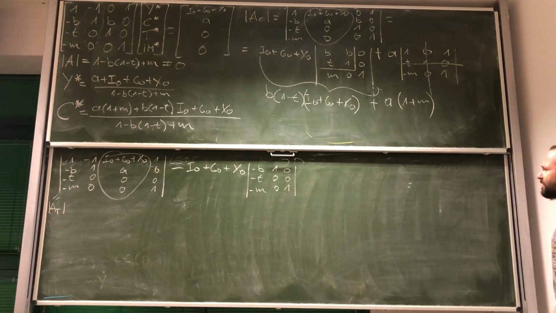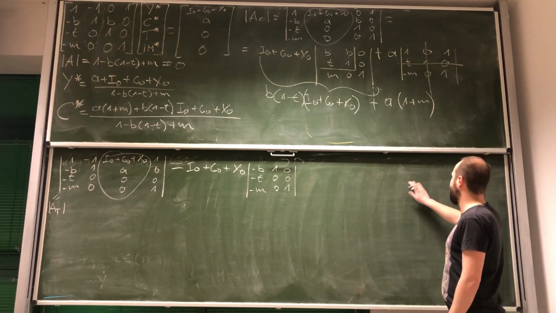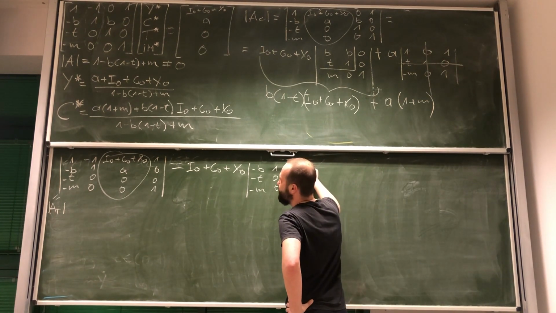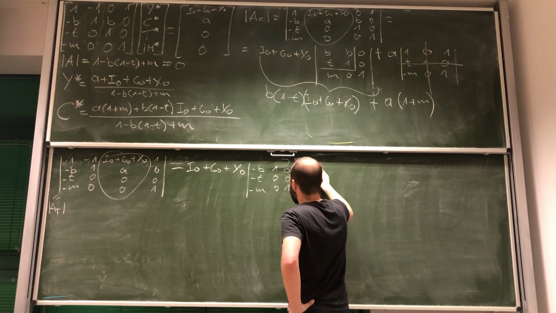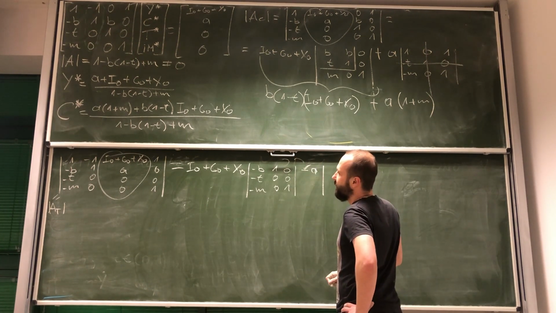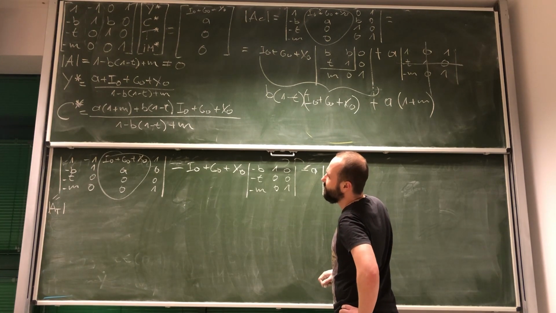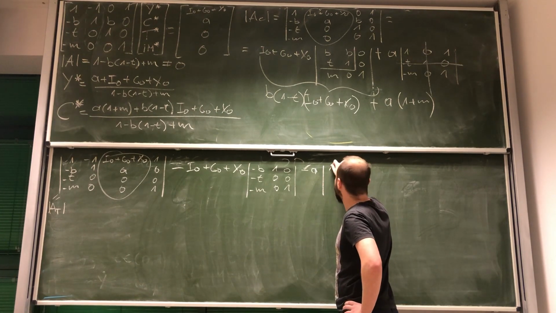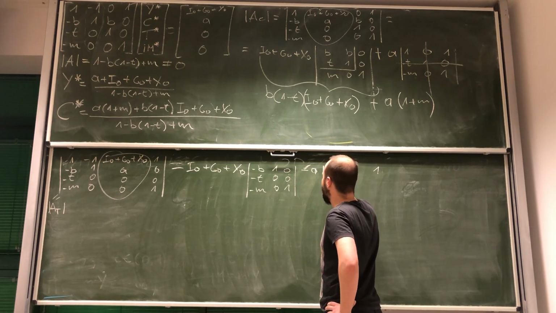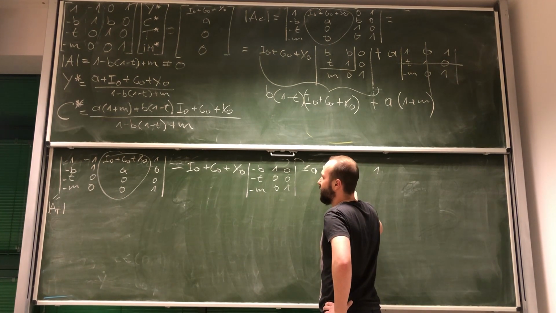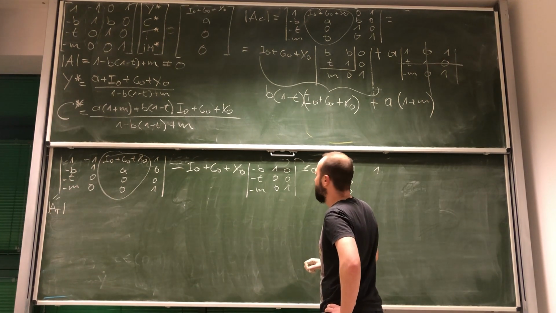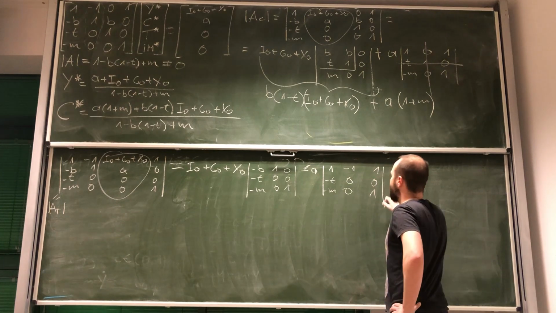Again, you see that this is going to simplify very, very nicely. Then we've got minus A times, we've got 1, negative 1, 1, and then we've got negative T, negative M, 0, 0, 0, 1.